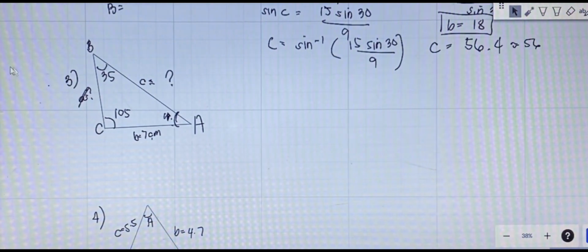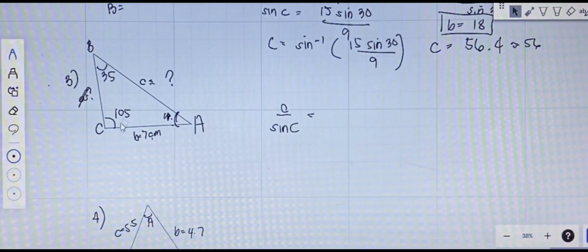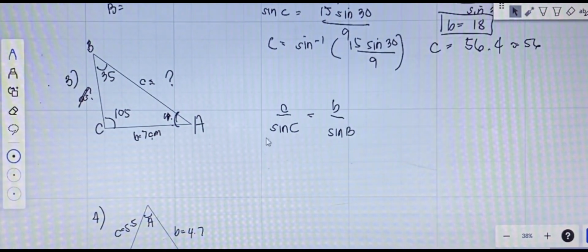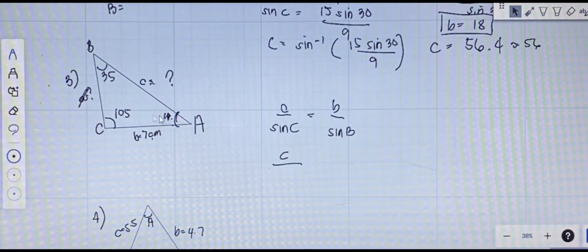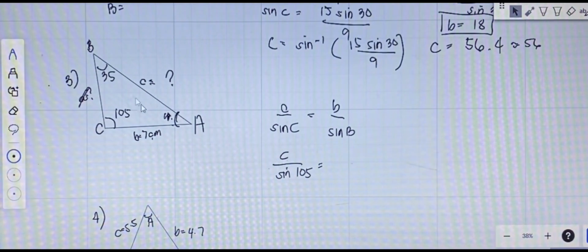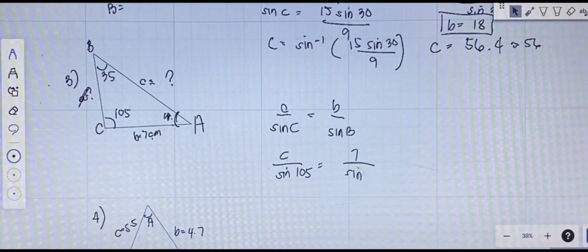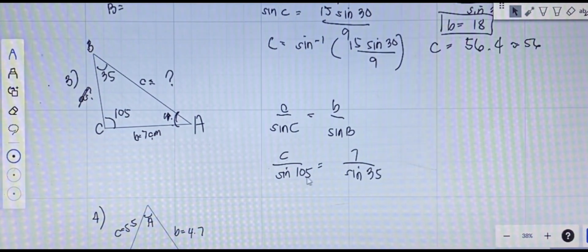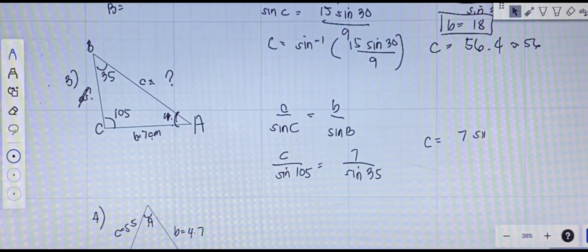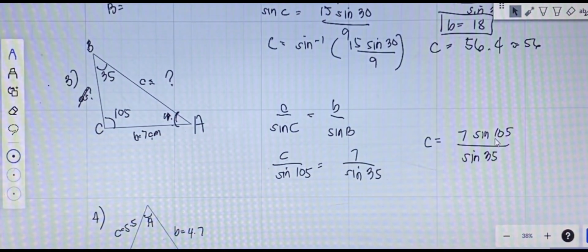Just write it like this: c over sine C is equal to b over sine B. So c is missing, the opposite of sine 105, equal to b, that's 7, over sine B, angle B is 35, sine 35. So just multiply sine 105 by 7. So c is equal to 7 sine 105 divided by sine 35.